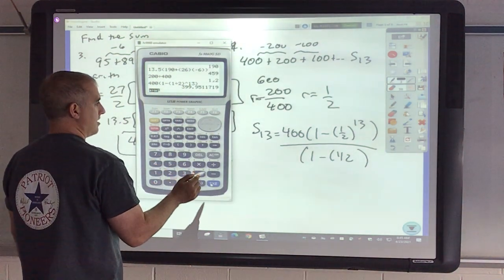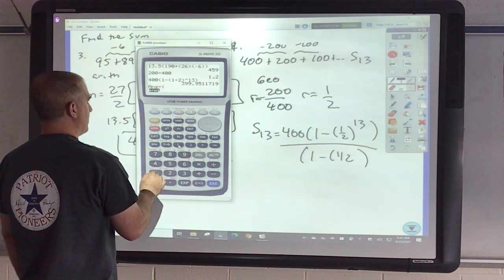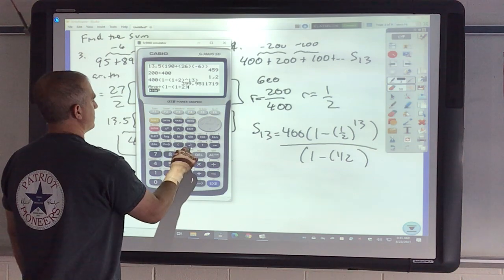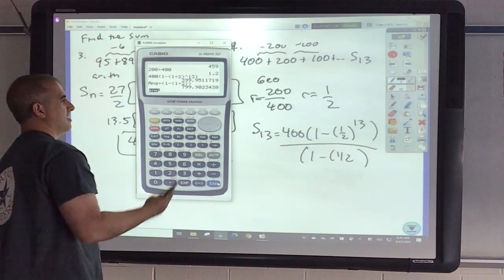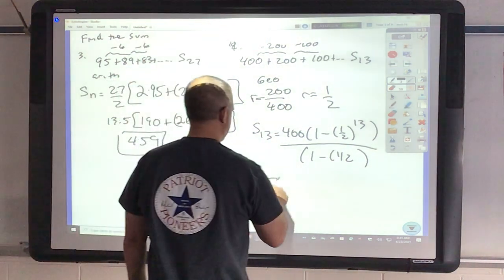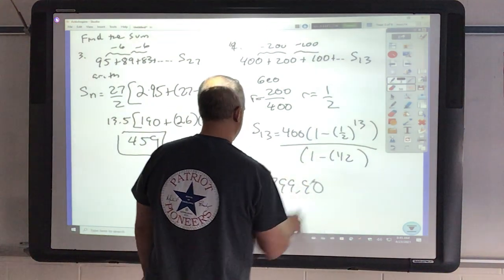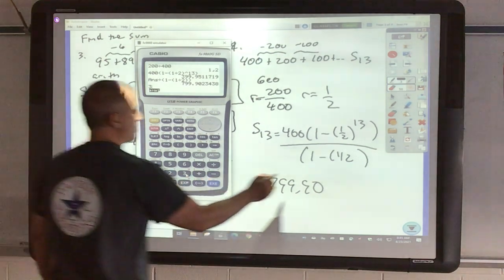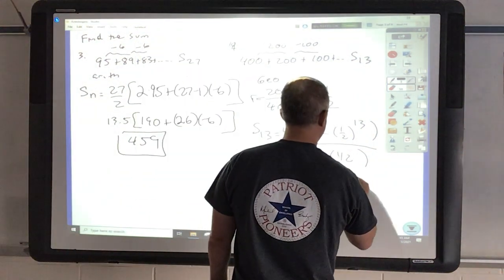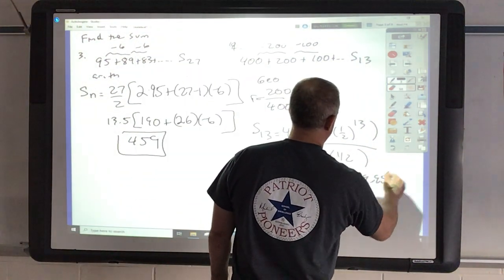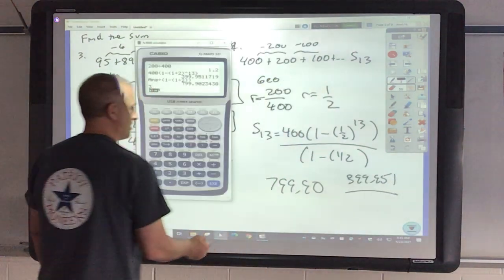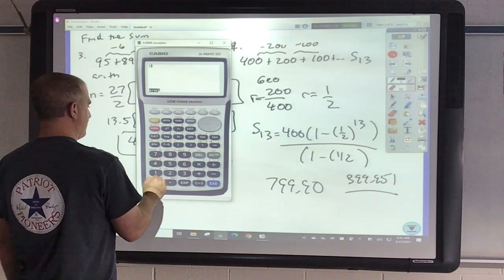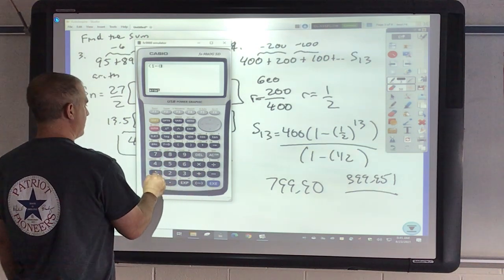Then I can just divide that by 1 minus a half. So you get about 799.90. I would avoid rounding early, even if you wrote 399.951. Figured out what the bottom was. I should keep this consistent so we're not getting confused. 1 minus a half.